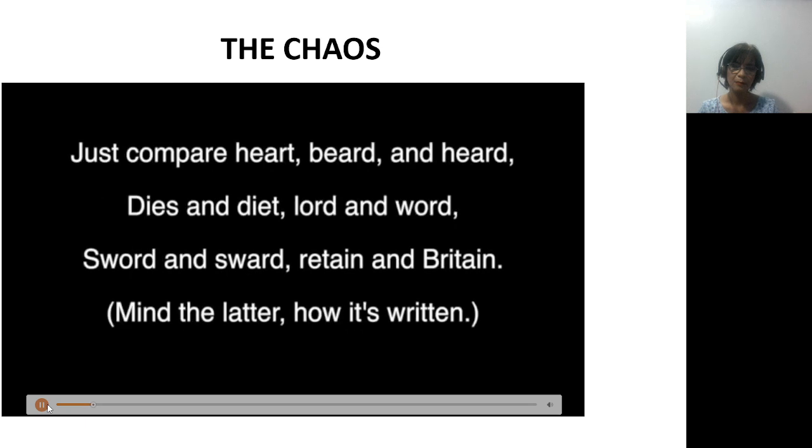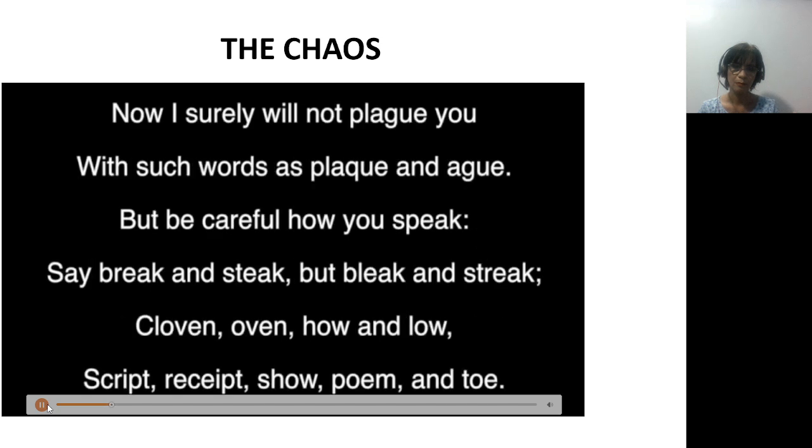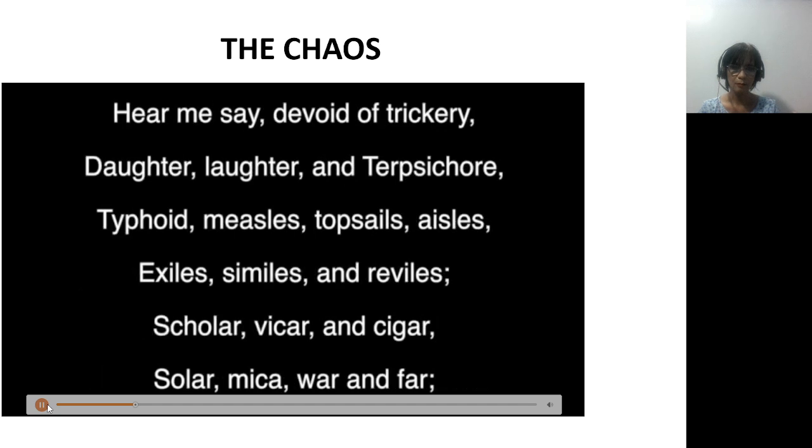Just compare heart, beard, and herd, dyes and diet, lord and word, sword and sward, retain and Britain, mind the latter, how it's written. Now I surely will not plague you with such words as plaque and ague, but be careful how you speak, say break and stake, but bleak and streak, cloven, oven, how and low, script, receipt, show, poem, and toe.